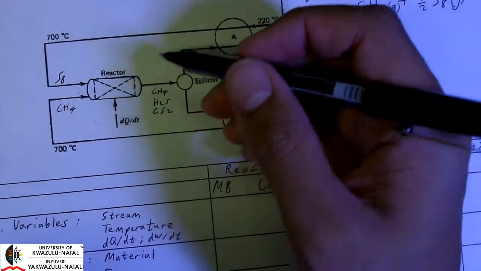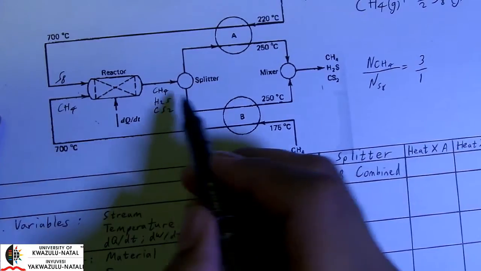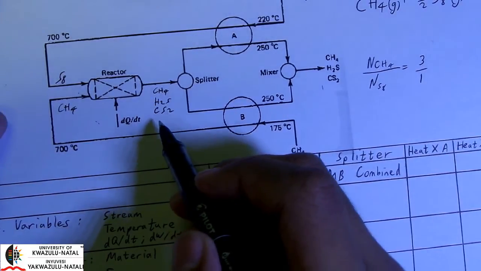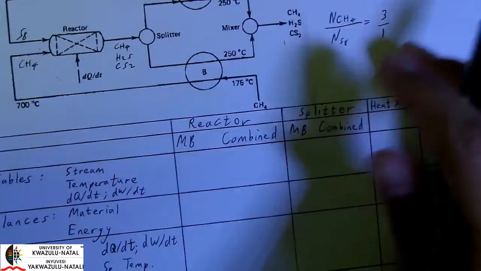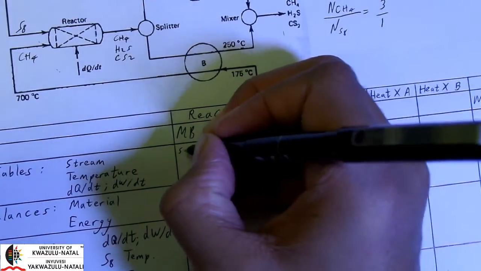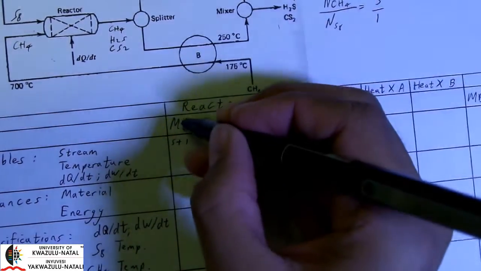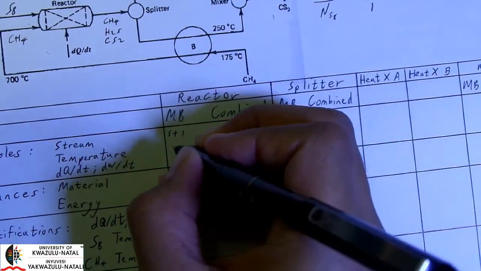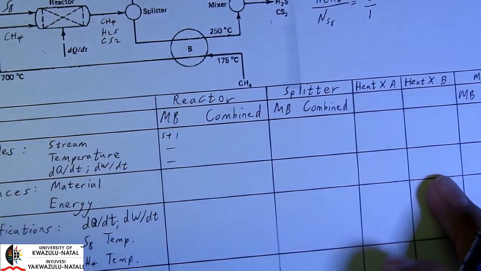Okay, so let's count. For our material balancing, we have 1, 2, 3, 4, 5 stream variables plus 1 reaction. So that's 5 plus 1 there. Okay, and for the material balance degree of freedom, we are neglecting our temperature and our heat exchange.